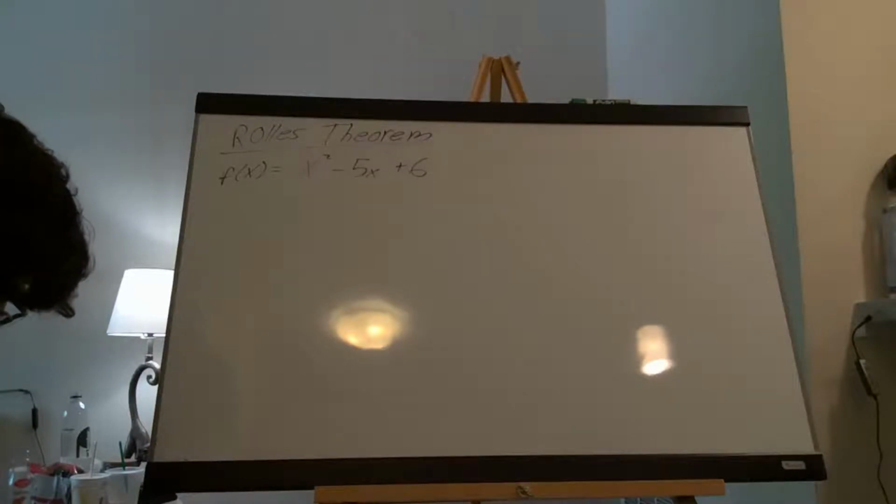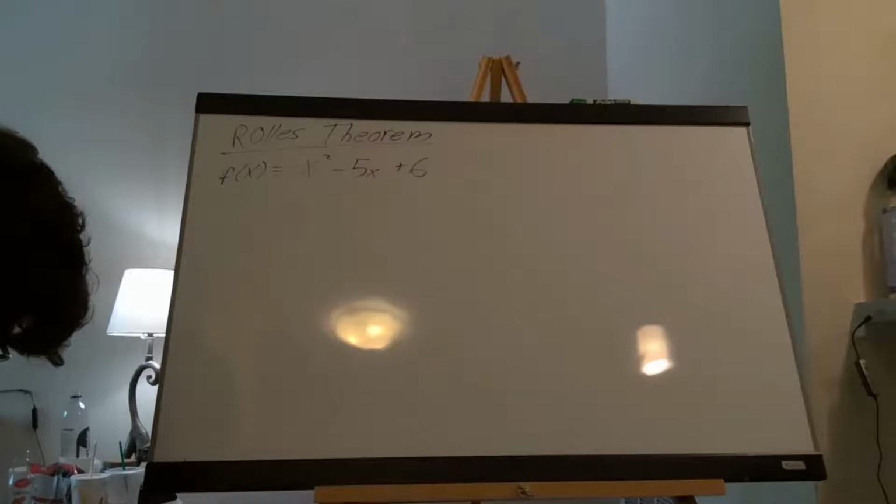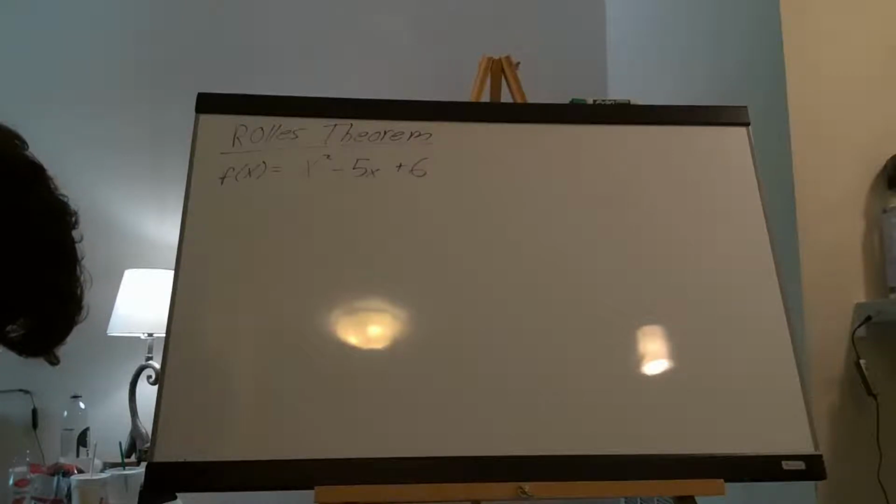If f is continuous on AB, f is differentiable on AB, and f of A equals f of B, all these are true, then there is at least one number C in the open interval AB for which f prime of C equals 0.